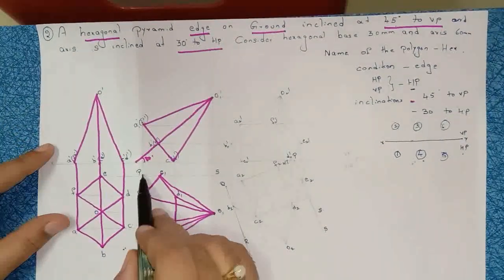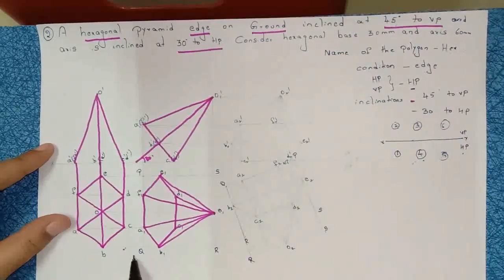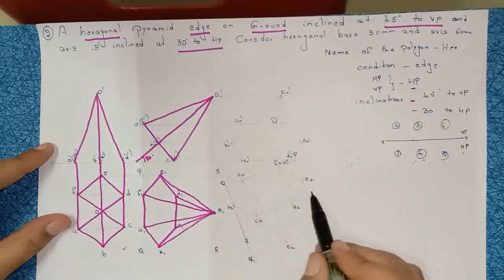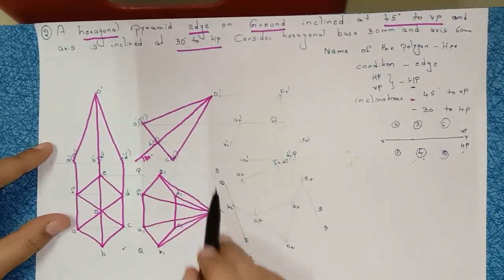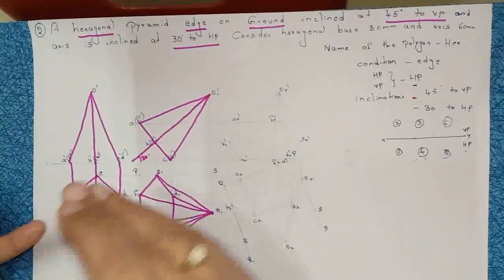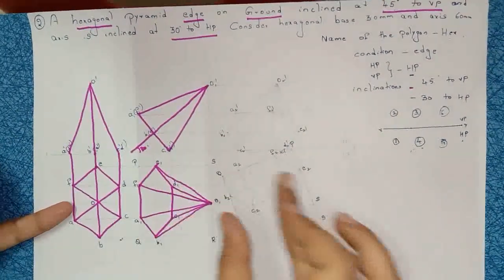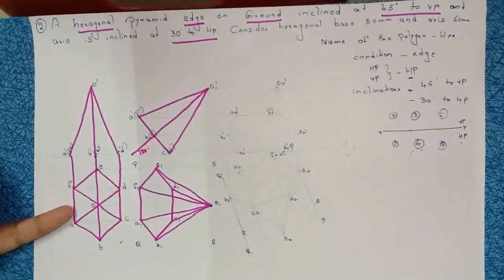After that, in between P and Q, draw the lines that are there. In between Q and R, draw the lines here. In between R and S, the midpoint is O. This total box and this total hexagonal pyramid we are drawing here at an angle of 45 degrees.